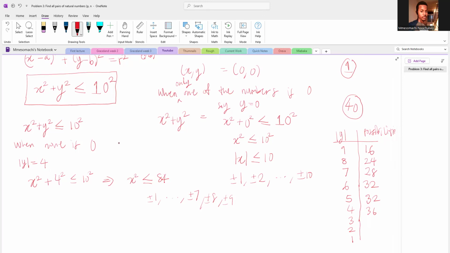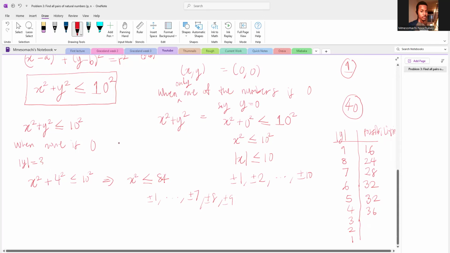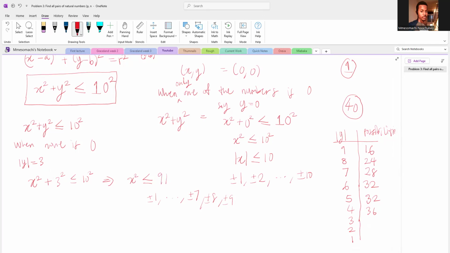So when it's 3, and as we can see, since we're talking about when none of them is 0, x squared is less than or equal to 91. So it's still going to be plus or minus 9. We will never get plus or minus 10 because y will never be 0. So this is actually 36, 36, 36.